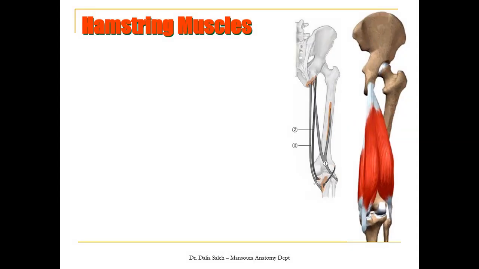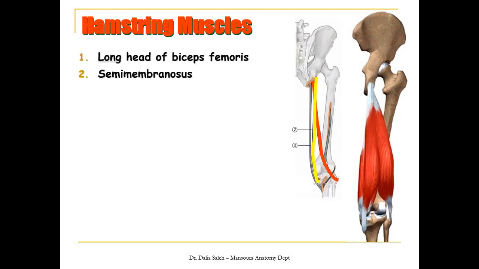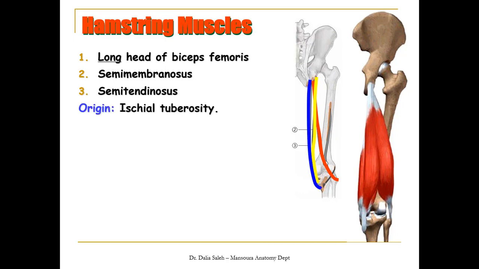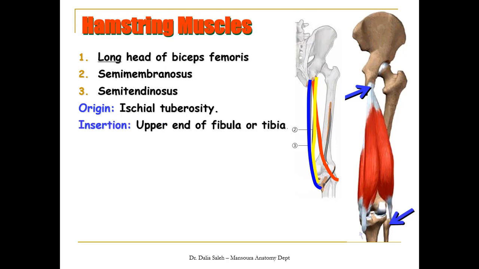The hamstrings again include the long head of biceps femoris, the semimembranosus, and the semitendinosus. They take a common origin from the ischial tuberosity and insert into either the upper end of the fibula or the upper end of the tibia.